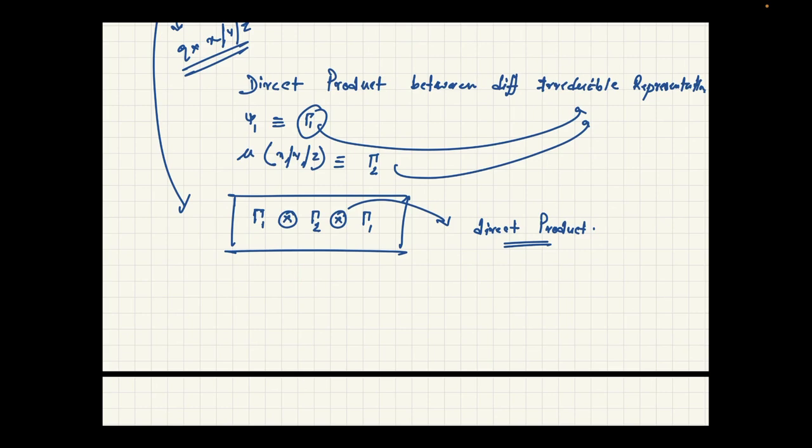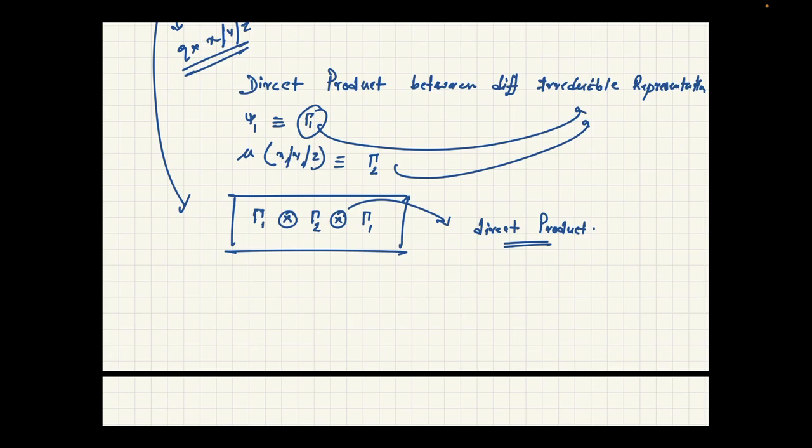Totally symmetric representation means the characters of the representation will be all one, or symmetric with respect to each symmetry operation. This is important: the characters of that representation will be symmetric with respect to each symmetry operation associated with that particular point group.